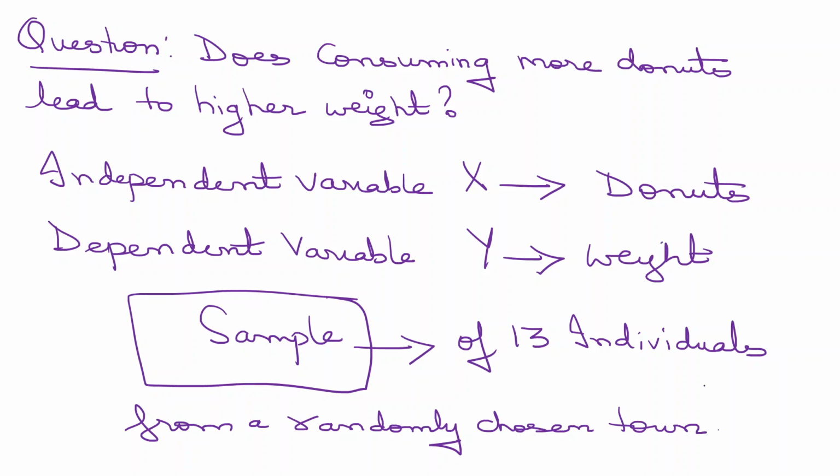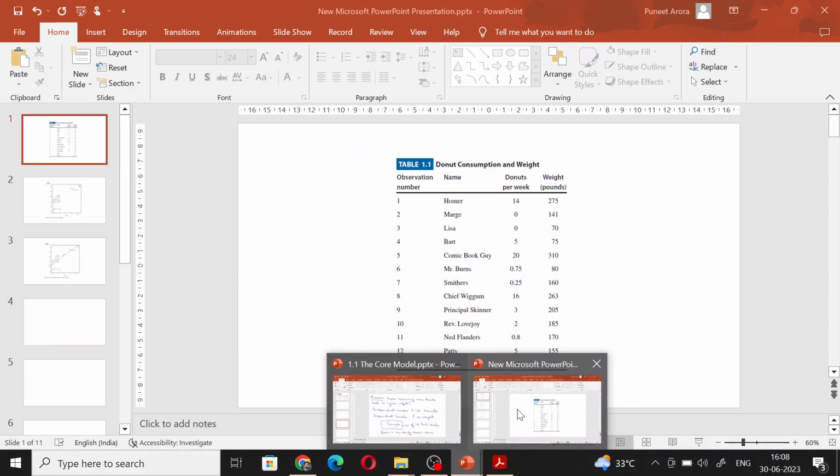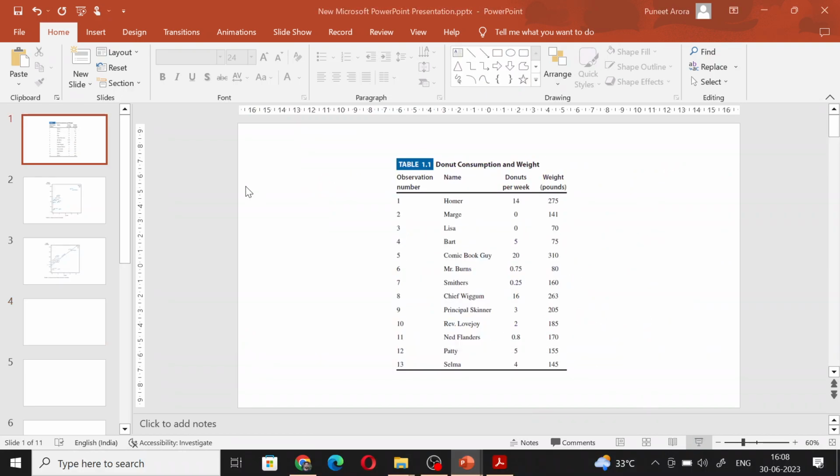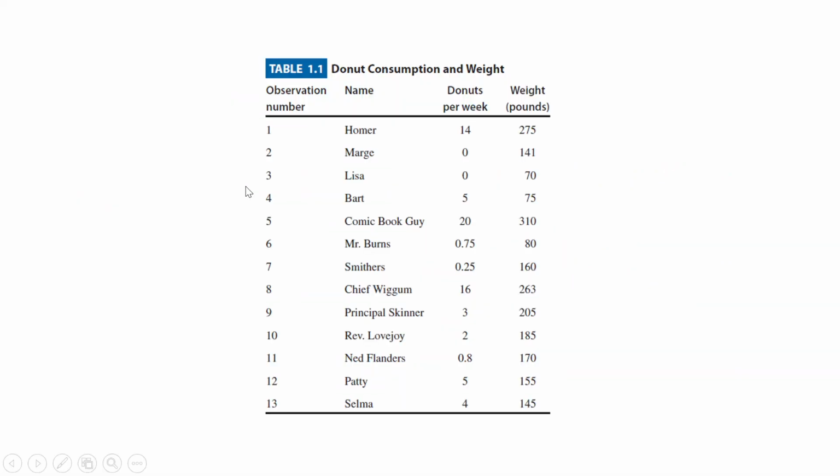Okay. So this is the raw data of 13 individuals from a randomly chosen town. The first column is the observation number, so there are 13 people. Then you have name, and then donuts per week, which is our independent variable.